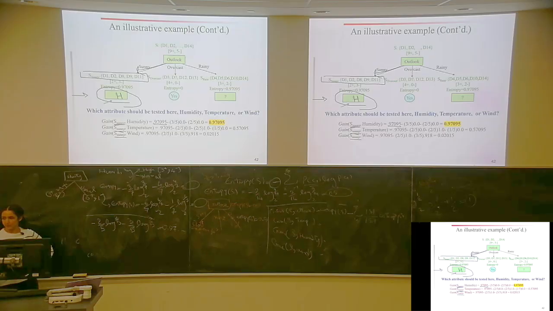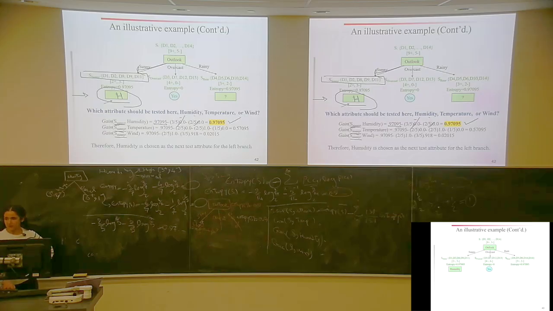And it seems that all instances belong to the same class and entropies are 0. So these numbers will be 0. And then you select these numbers. So again, similar process. You choose the attribute with the highest information gain, which in this case is humidity, right?